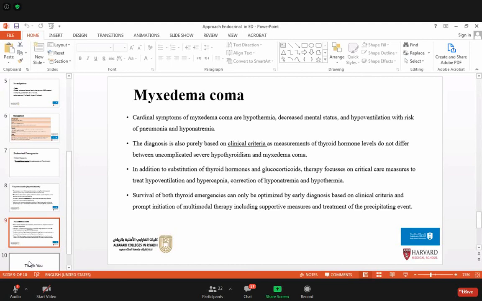So you give the corticosteroids, and you also start replacing the thyroid hormone. Very critical, should be done inpatient, most of the time in the ICU. And you would expect to have electrolyte disturbance related to that. Okay.